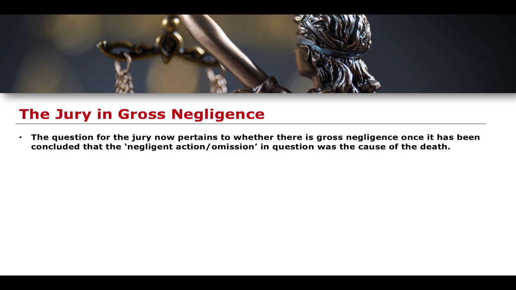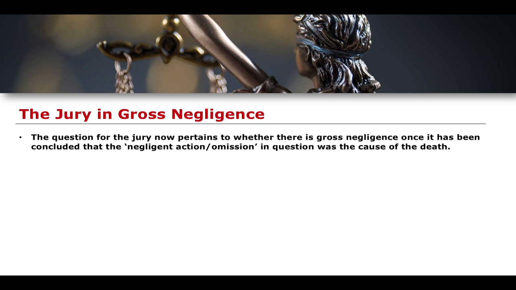So the question for the jury now pertains to whether there is gross negligence once it has been concluded that the negligent act or omission was the cause of the death. This is relatively more satisfying, if you will, because it is laying a bit more groundwork before the jury is asked to consider whether or not the action or omission can rise to the standard of being gross negligence.